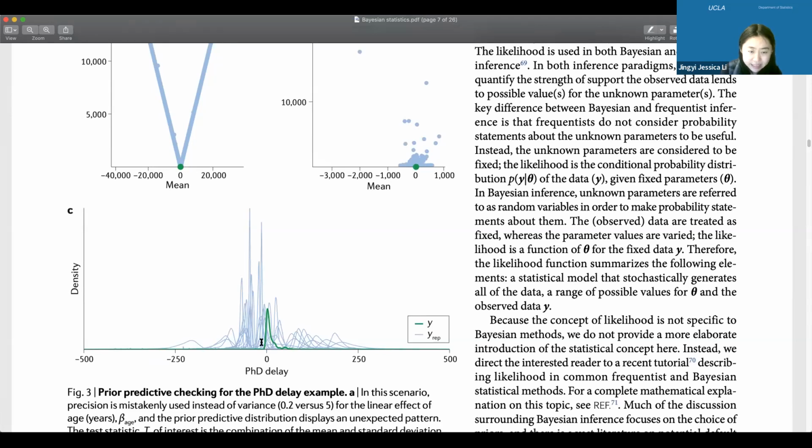So let's say that here the green curve is the distribution of the data. It's the 333 PhD students' delay. We are plotting their delay here in the green density curve. And what are those light blue curves? They were actually the data generated from the prior distribution and the likelihood. Okay, so let's say that for every prior, you pick the prior, you can generate beta age.